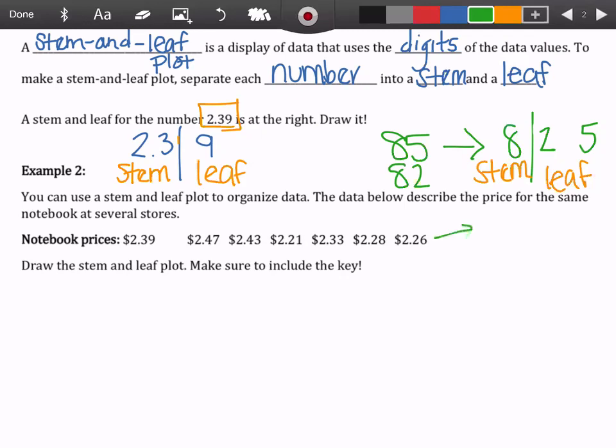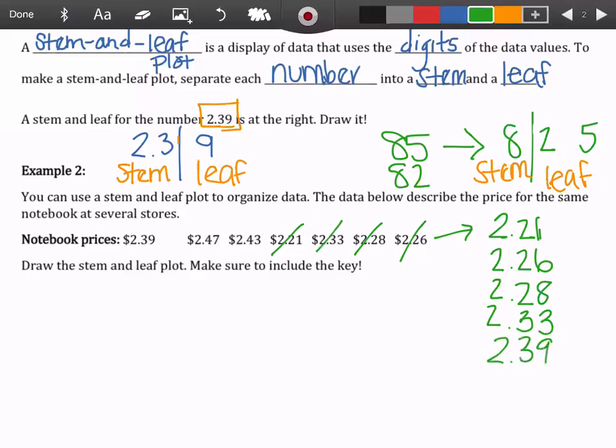So if we order these numbers, we have 2.21, and then 2.26, 2.28, 2.3, and again, we can be crossing these out, 2.33, 2.39, and then 2.43, 2.47.